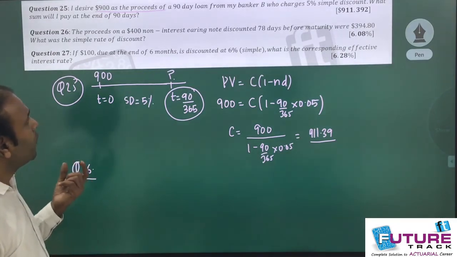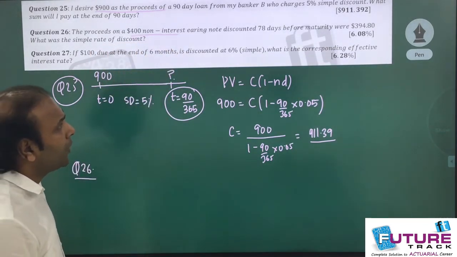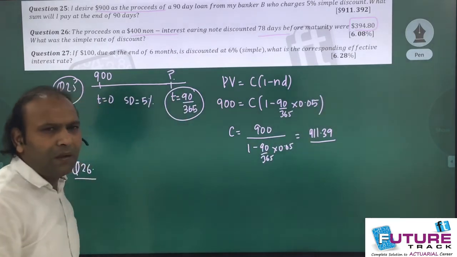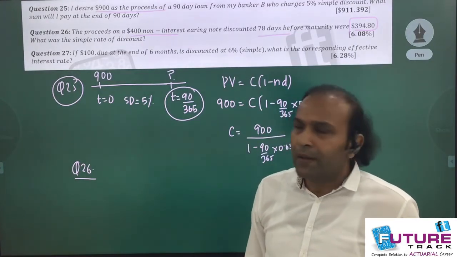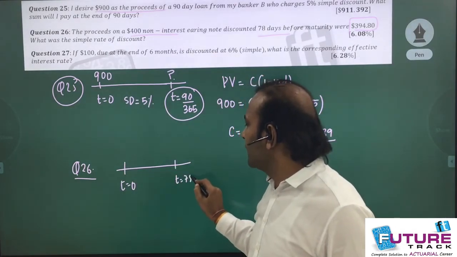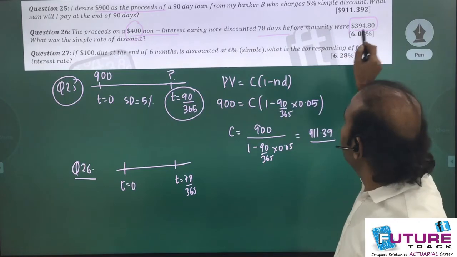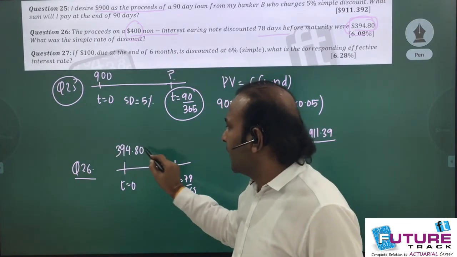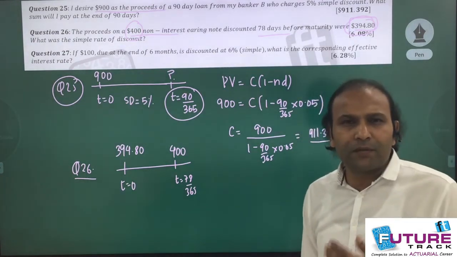The 26th question says the proceeds on a 400 non-interest earning note discounted 78 days before the maturity were this. Now class, many people had a problem with the language in this question, so they could not tell what the present value is and what the accumulated value is. Class, always remember, present value is always less than the accumulated value. If you don't understand the language, then the proceeds on a 400 non-interest earning note discounted is this. So the smaller one is your present value, and this is your accumulated value. All these technical terms will be cleared in coming chapters, don't worry.